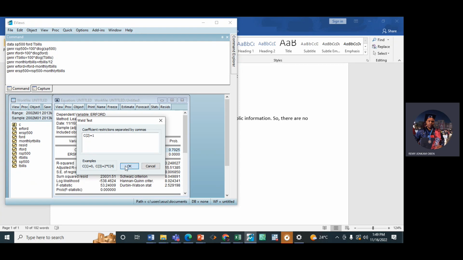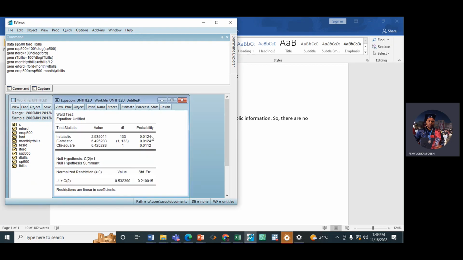And if you press enter, you get the results. So these are the results. Just check these probability values. You discover that all these probability values are less than 5%. This is 0.01. It's greater than 1, yes, but it's less than 5. We use 5%, 95% significance level. Less than 5, right?